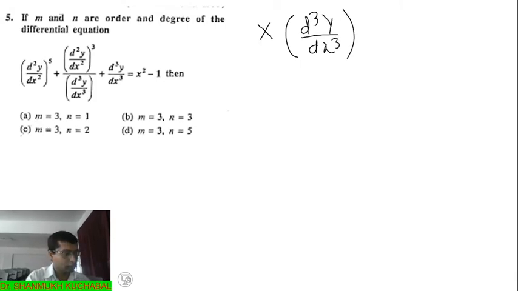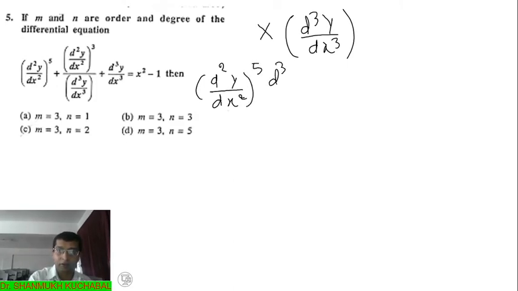So we get d square y by dx square raised to 5 into d cube y upon dx cube, and numerator and denominator d cube y upon dx cube cancel.